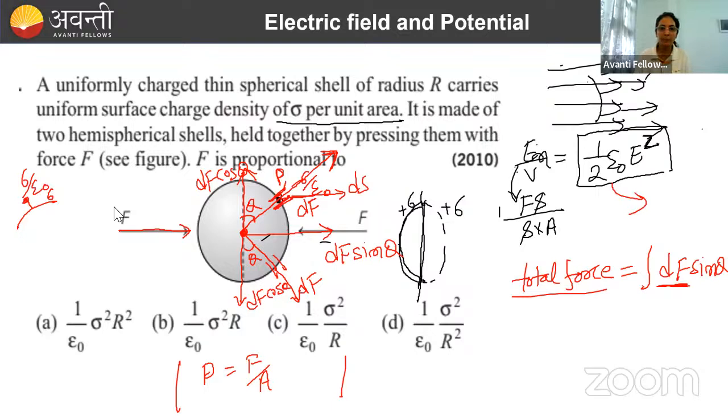Pressure value will be the same as half epsilon naught E square. And what will be the value of E here? Because this surface is carrying a charge sigma, and in front of a conducting surface, electric field used to be sigma by epsilon naught. If charge density is sigma, then electric field value here will be how much?